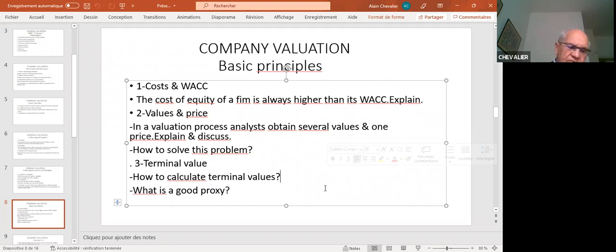Another difficulty we find, and we'll say a few words on later, is about groups of firms. Many companies today are not made of one firm, which would be a very simple structure. It's a kind of conglomerate.